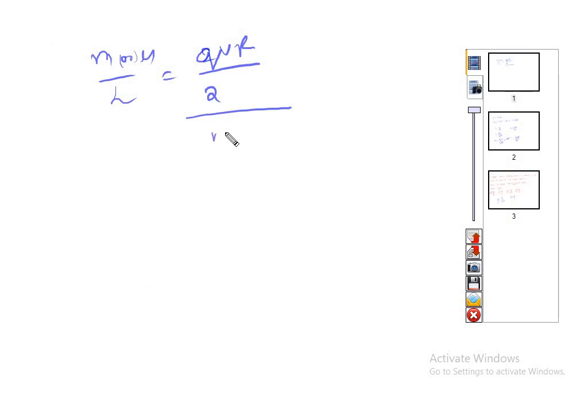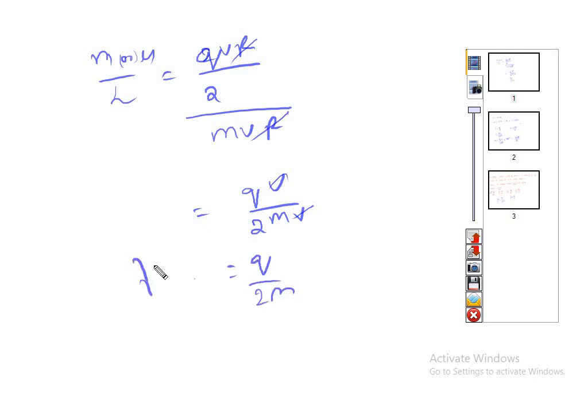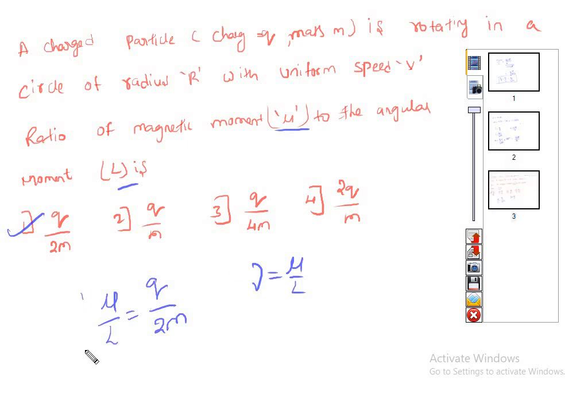So r gets cancelled, we have qv by 2 over mv. So v gets cancelled, that is q by 2m. So gamma is equal to mu by L is equal to q by 2m. That's how you can remember q by 2m. So I hope it is clear. Q by 2m is the correct option. So let's get to another question.